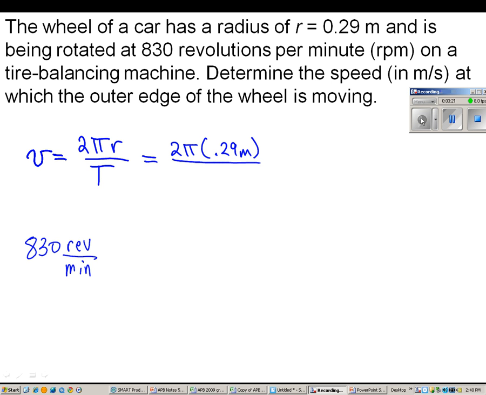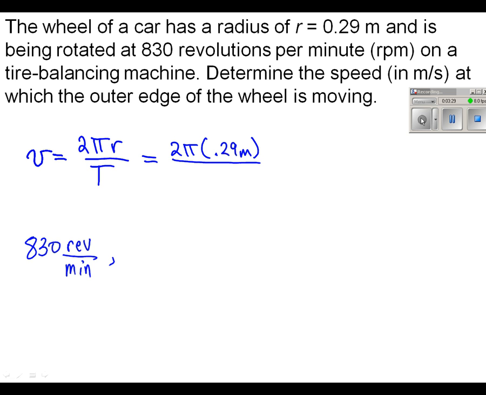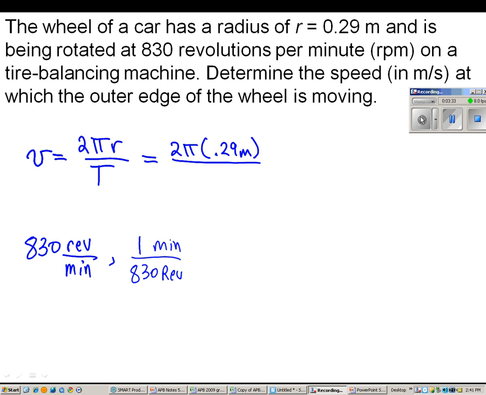It's not set up the way I want it to be set up, though. Instead of revolutions per minute, I want minutes per revolution. So I'm going to rewrite this as minutes per revolution. Now I have 1 minute per 830 revolutions. I just inverted it. I'm going to convert that over to seconds, so I don't want minutes, I want seconds.